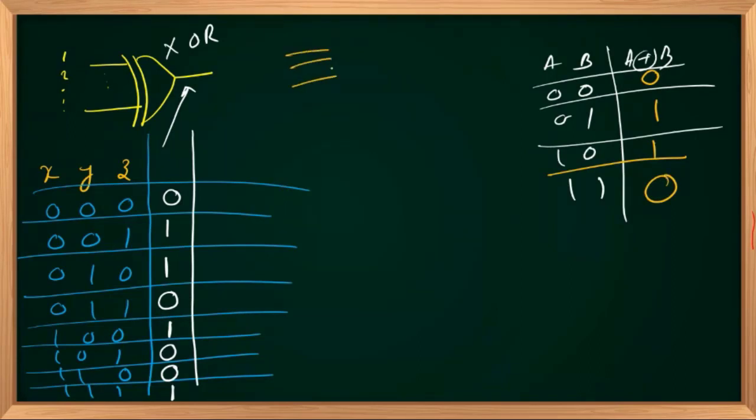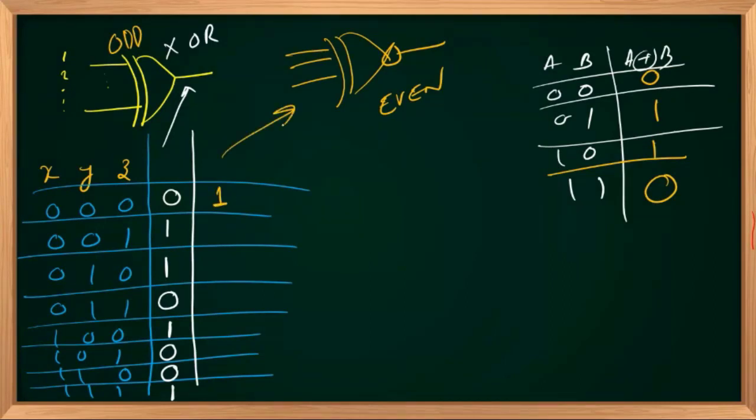Whereas my multiple input XNOR will give me a logic 1 if and only if the number of ones is even. This is for odd, right? So 0 number of ones, 0 is an even number.